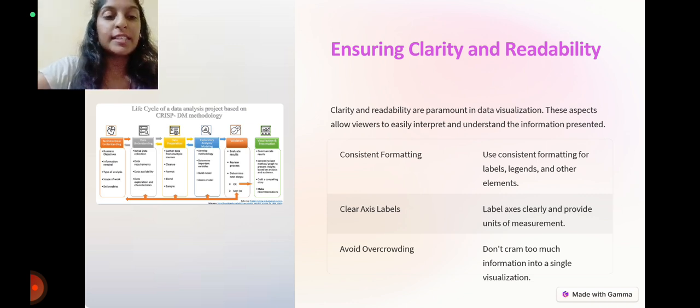And clear axis labels: label axes clearly and provide units of measurement. Avoid overcrowding. Don't jam too much information into a single visualization.